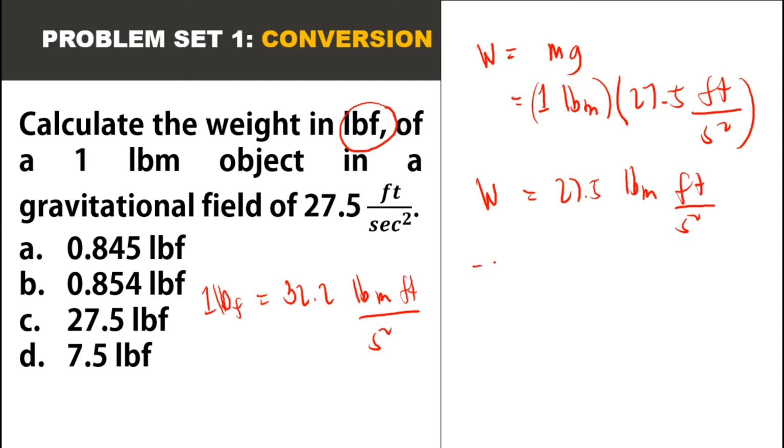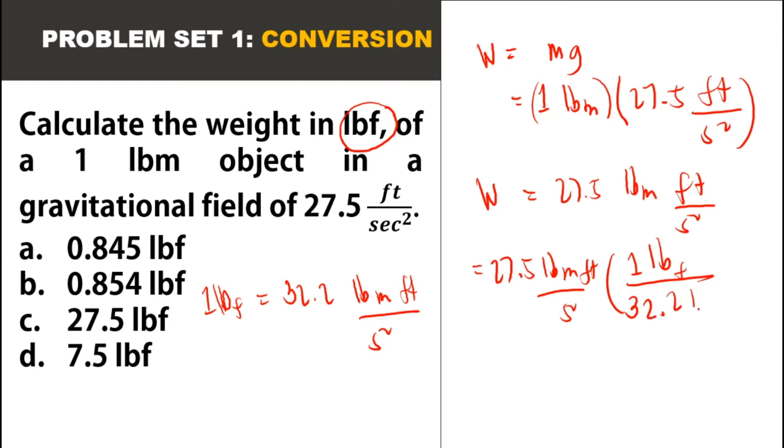So we have here 27.5 pound mass feet per second squared, times 1 pound force per 32.2 pound mass feet per second squared.